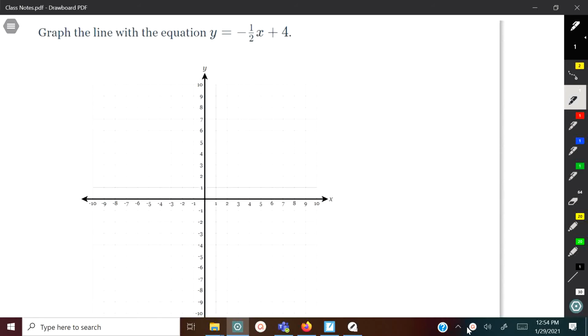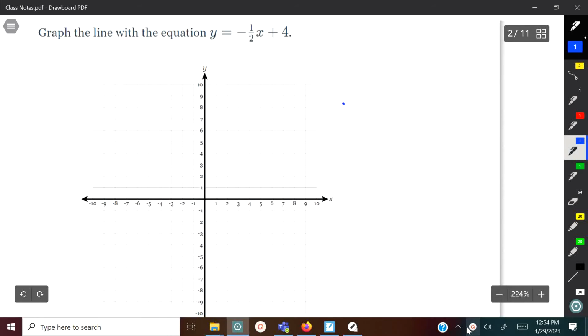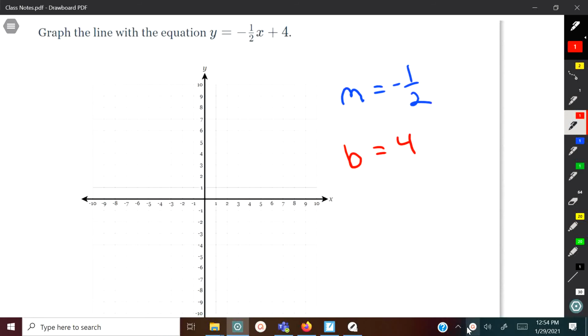Okay, so this is how you're going to solve this one. We're going to work with the slope, -1 over 2, and the y-intercept, which is 4. So we're going to begin at 4, and the 4 is up here, always on the y-axis.